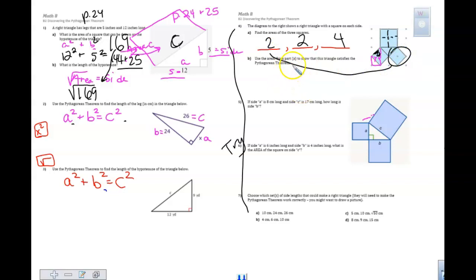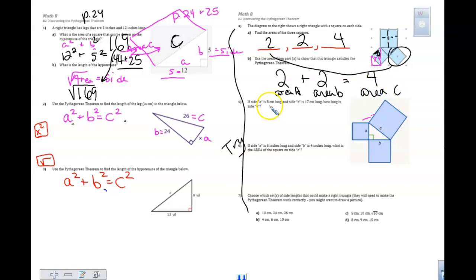So it says, well, use these areas to show the Pythagorean theorem work. Well, area A plus area B equals area C. Doesn't 2 plus 2 equal 4?